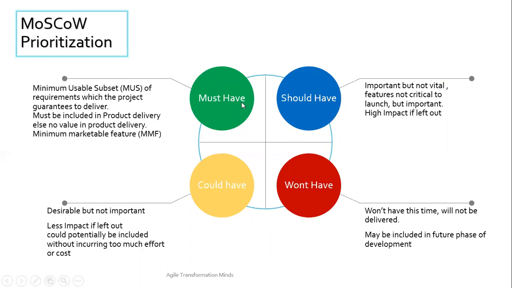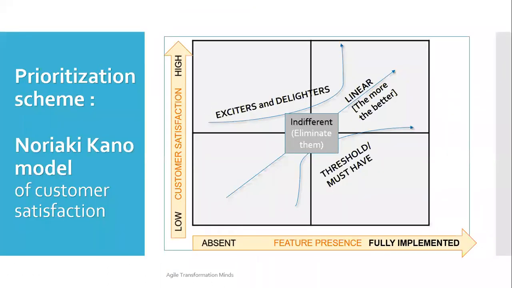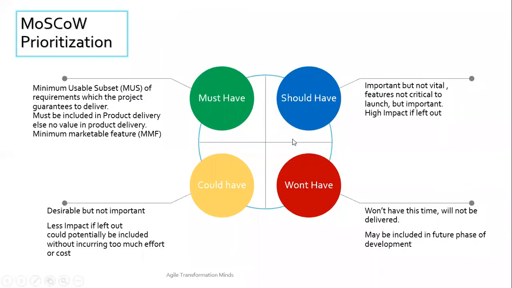This must-have is called threshold in the Kano model. You might have seen in the Kano model, this is threshold. This is actually the must-have in the MoSCoW model. Should have means it is not important; those features are not critical, but it is good if you have them.